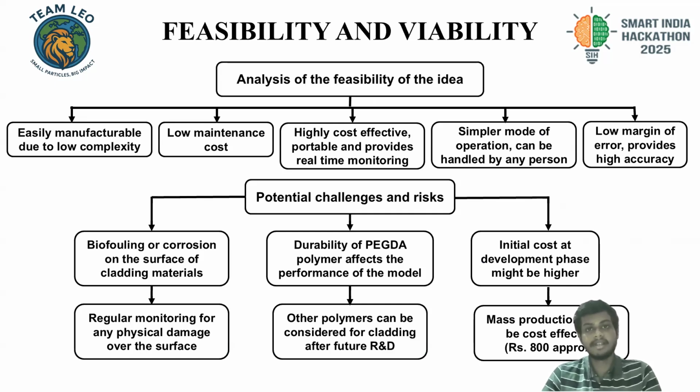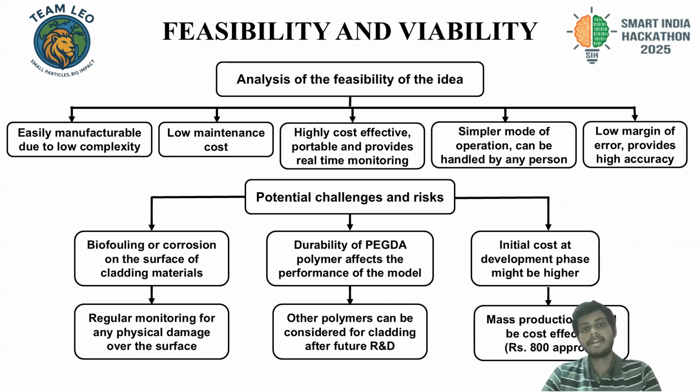Coming towards the feasibility, it is less complex and easily manufacturable due to the simpler parts that we use. It has a lower maintenance cost as compared to the conventional methods. The conventional methods are like the fast Fourier transform, infrared spectroscopy, and Raman spectroscopy.